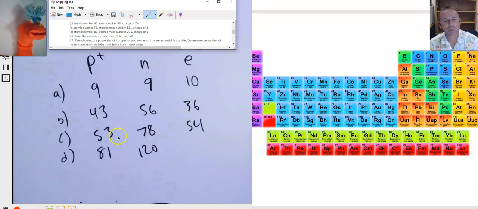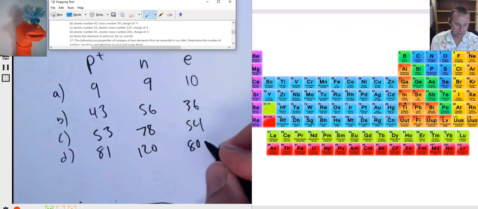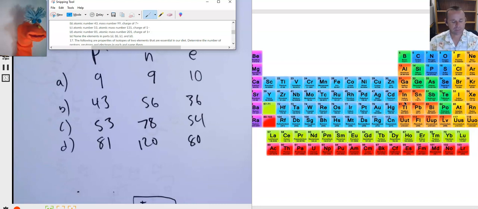So what are we talking about here? Where's 81? That's thallium. Where at? Right there. Okay, so thallium, 81. So it's a plus 1 charge on the thallium. So we have 80 electrons. Okay, very good. So thallium. All right, and E there, we've pretty much done that in most of these. And those ones we didn't get, you can go back and get. So good job.